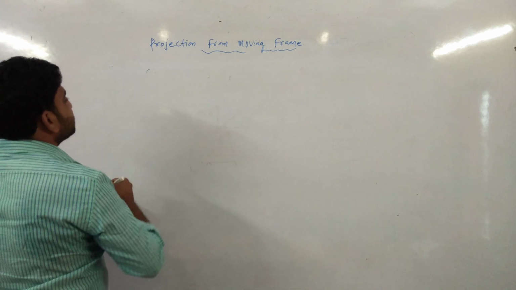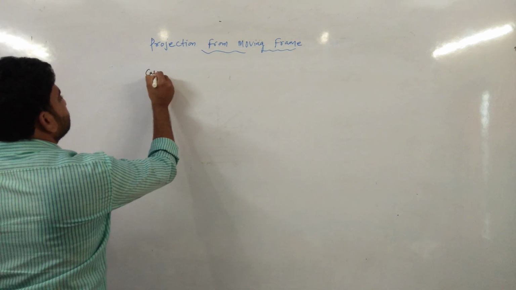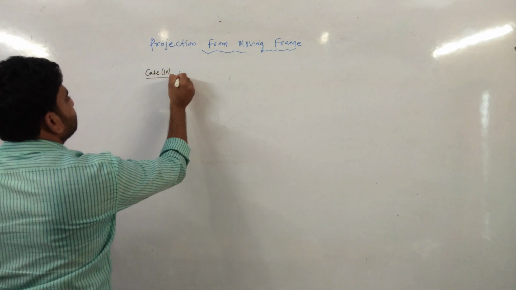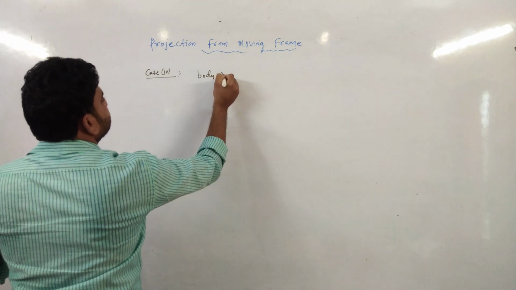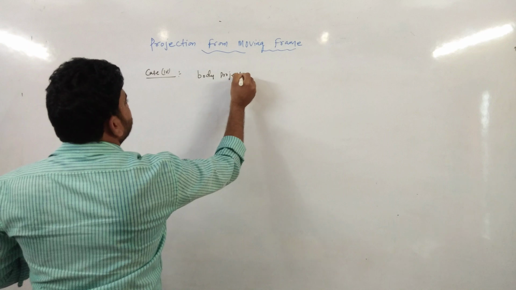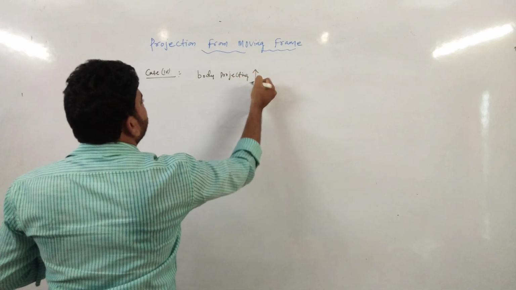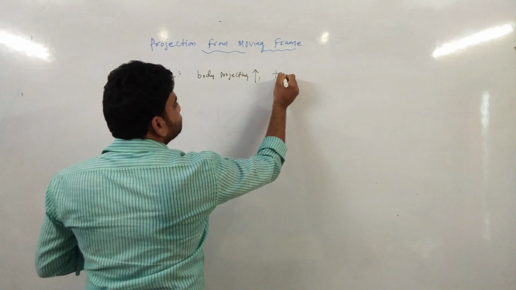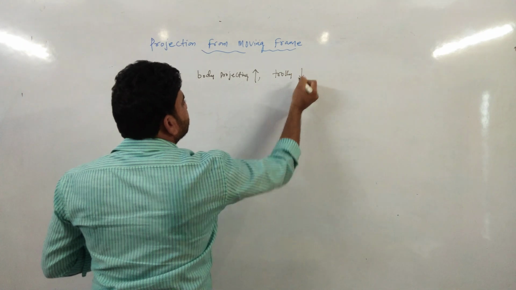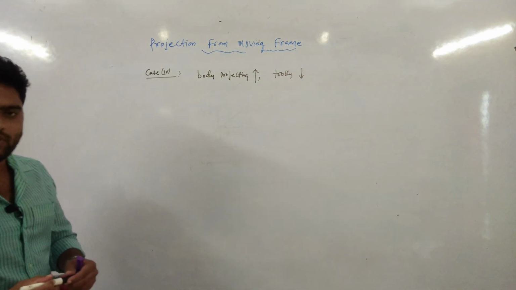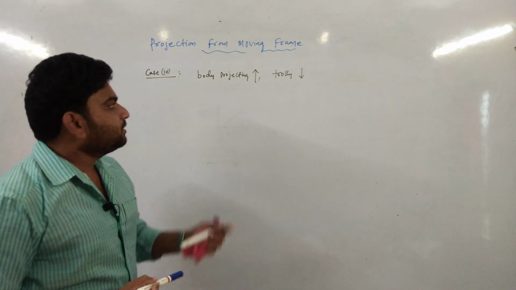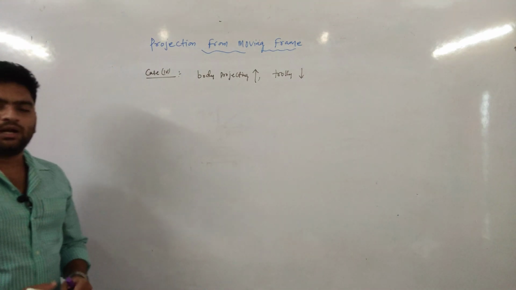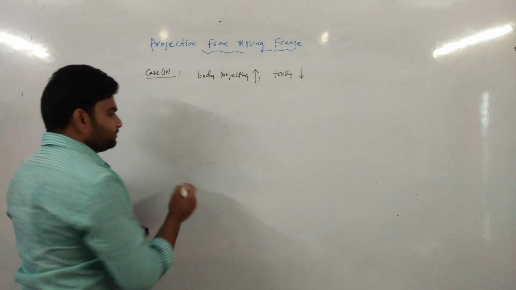If I look at case number 4, the body is projecting upwards, whereas my trolley is moving in the downward direction. This is opposite of what we have taken in case 3. In the previous case both were acting in the upward direction, but here the projection is upwards and the trolley is coming downwards.